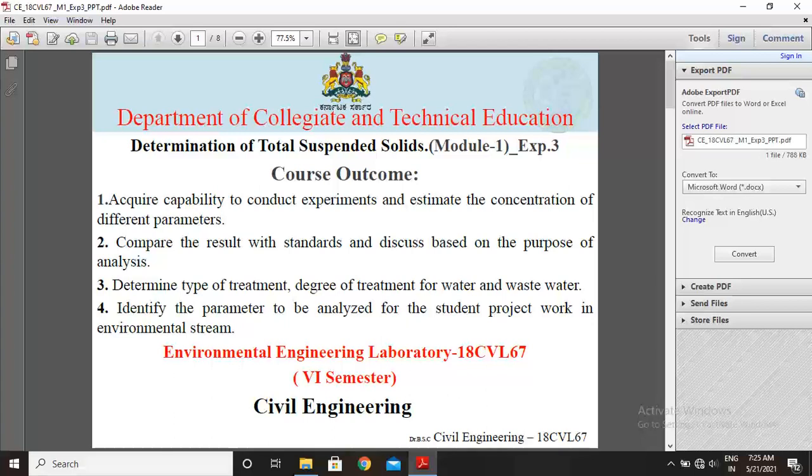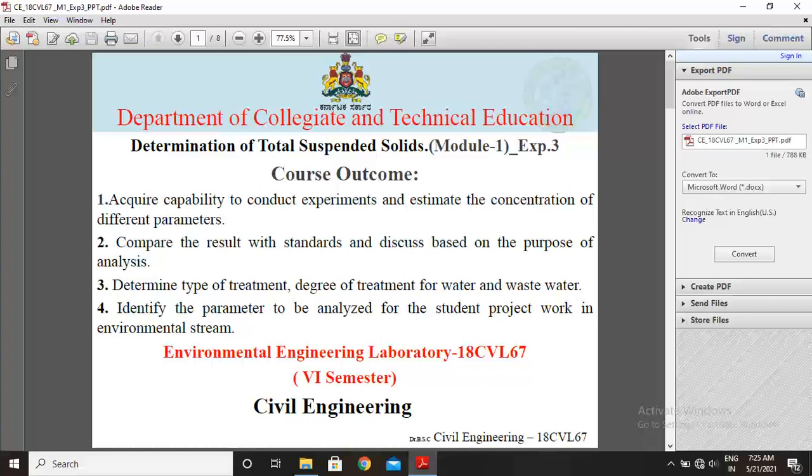Course outcome of this subject is to acquire ability to conduct experiments and estimate the concentration of different parameters. Second course outcome is compare the result with standards and discuss based on the purpose of analysis.